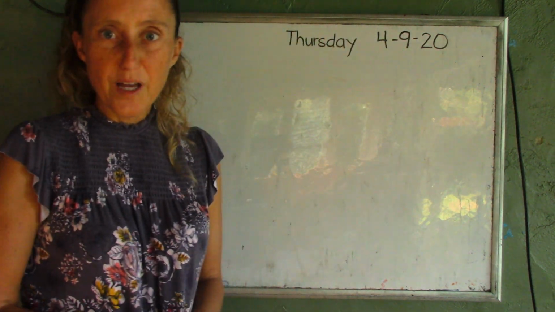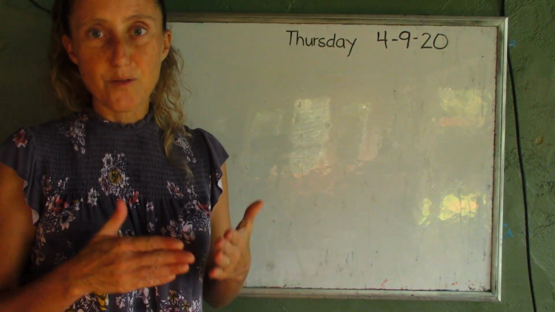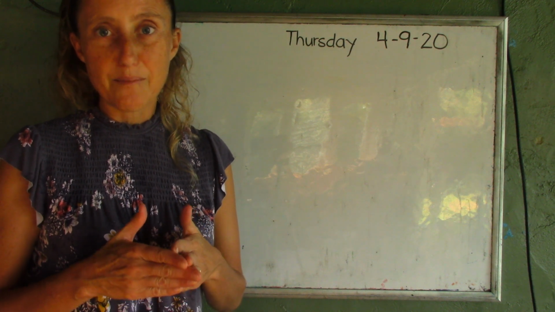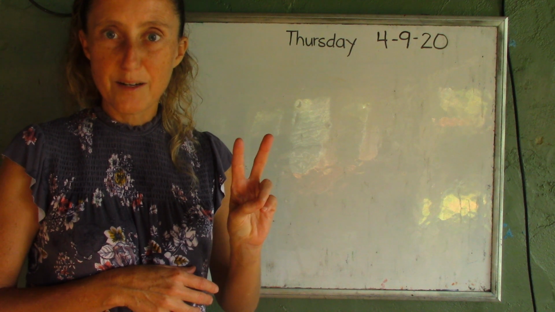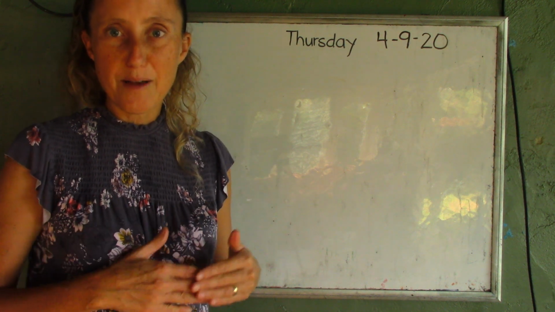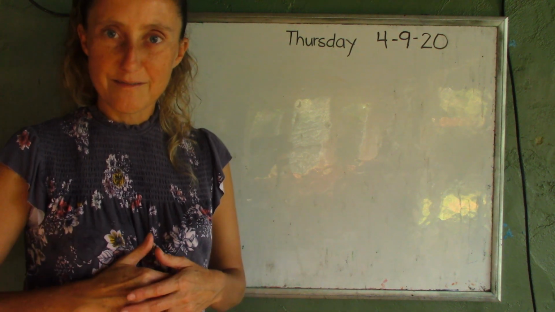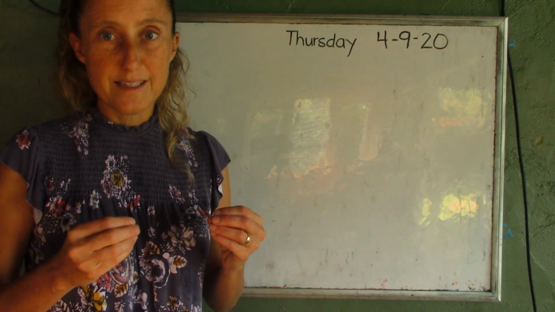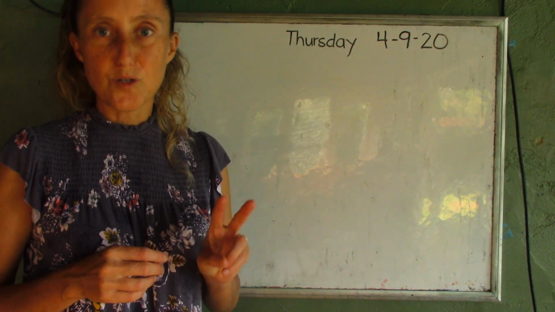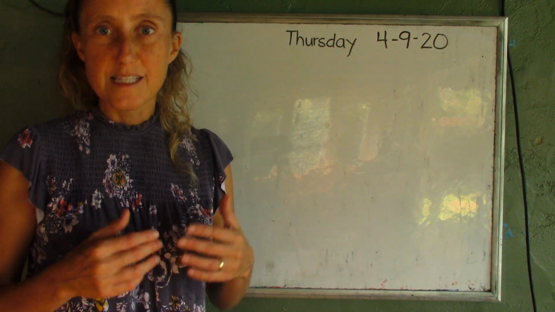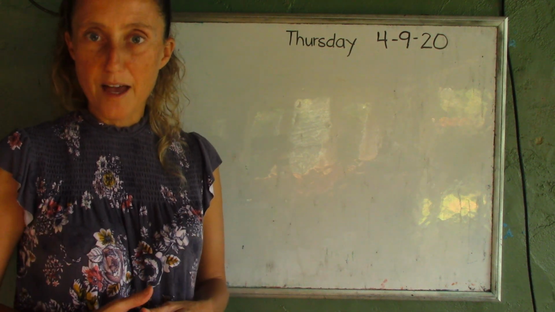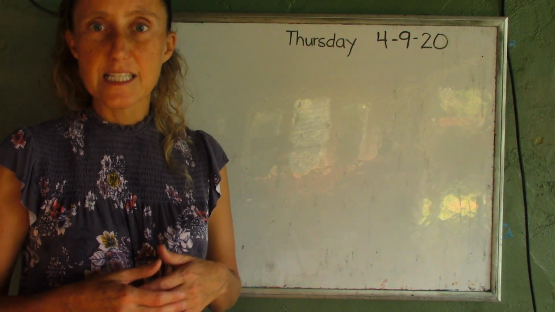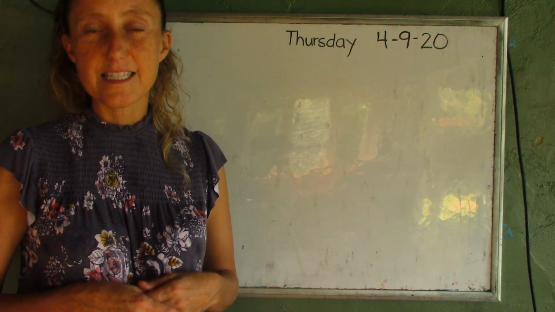Okay, now we're going to do our counting right now. And this week we've been working on counting by our even numbers, which are 2s, right? Counting by the 2s. So let's count up to 20 and back down. Are you ready? So we can start with 0. 0, 2, 4, 6, 8, count with me, 10, 12, 14, 16, 18, 20.